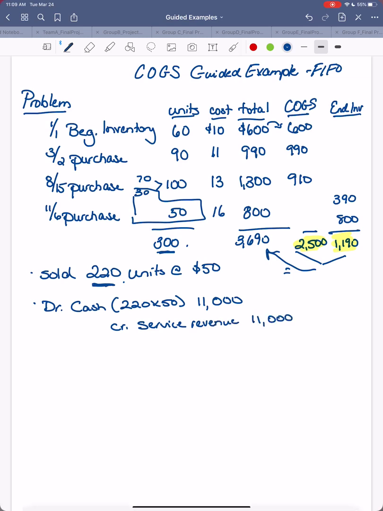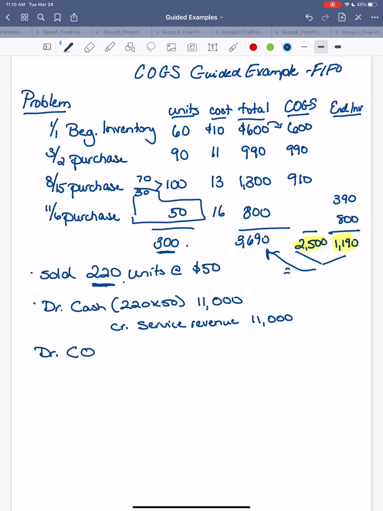Okay, but now we've got to record that entry to the cost of goods sold. So remember, throughout the month, I've been buying this inventory, debiting the inventory account, crediting cash or accounts payable, depending on how I paid for it. I'm at month end now, and all I'm doing is updating it for what I've sold.